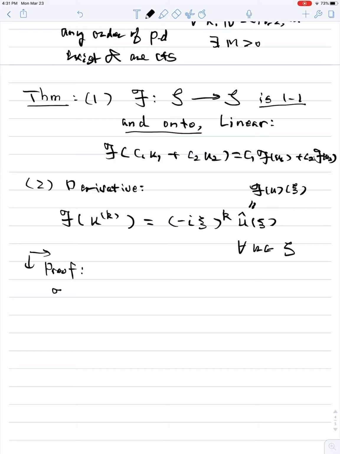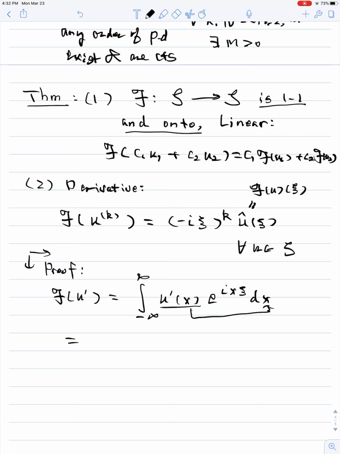Let's just do the first order derivative. By definition, this is the integral from negative infinity to positive infinity of u prime x e^{ixξ} dx. Now we use integration by parts.